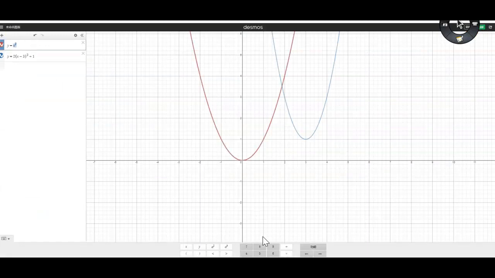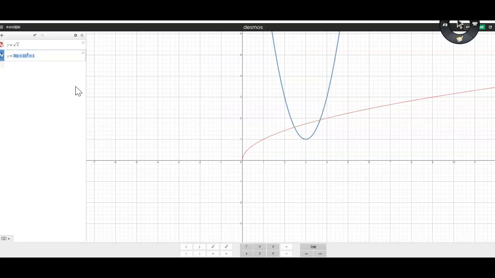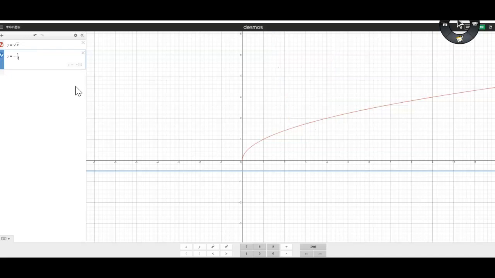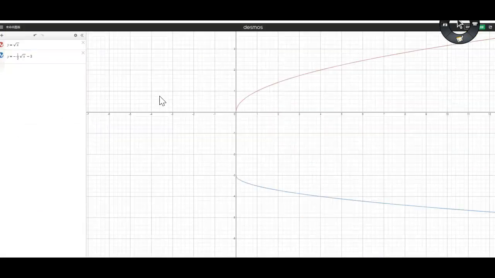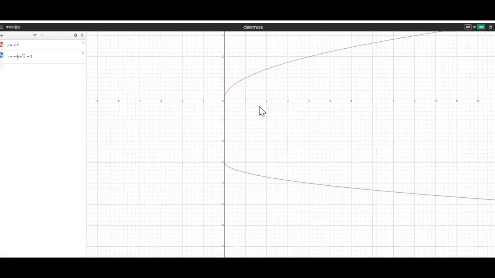So now let's graph both of them. This time the parent equation is square root of x, and the baby equation is -1/2 square root of x, and outside of it minus 3. Okay, so let's look at it.